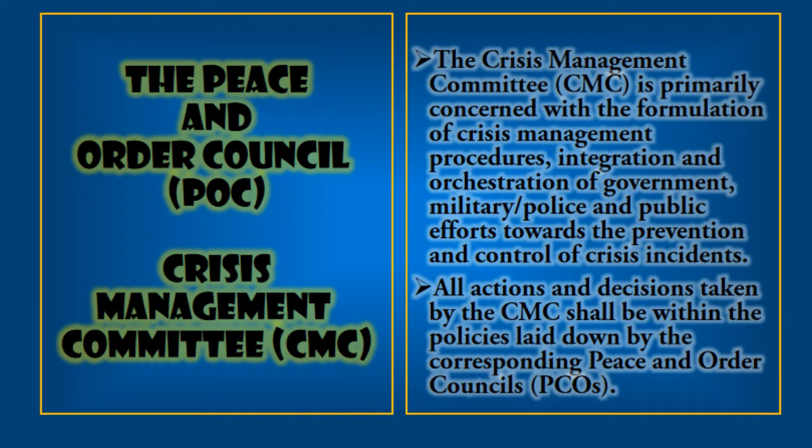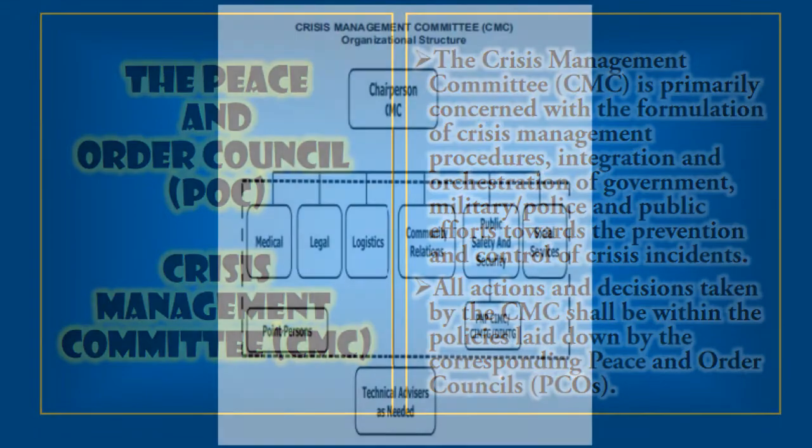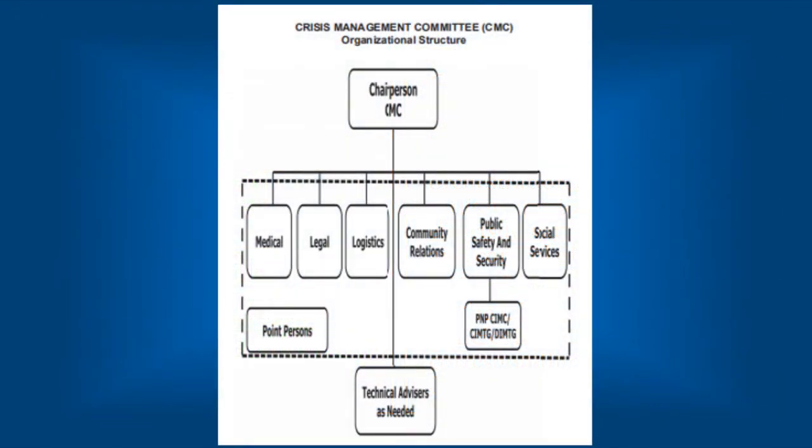So all the actions and decisions taken by the CMC is in coordination or it is in relation with the policies of the Peace and Order Council. Kasi nga nasabi natin kanina, CMC is under the POC or the Peace and Order Council. So as to the organizational structure, makikita ninyo dito, it is headed by a chairperson and it is composed of different support units also.